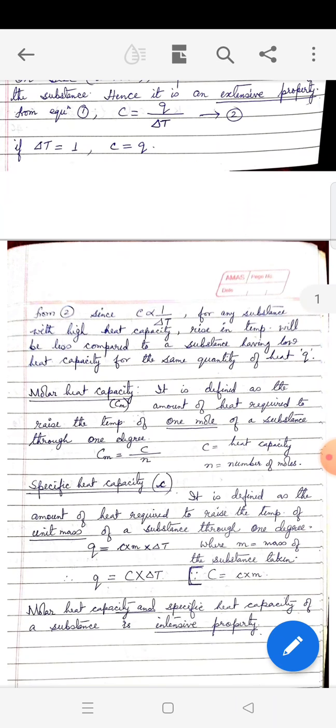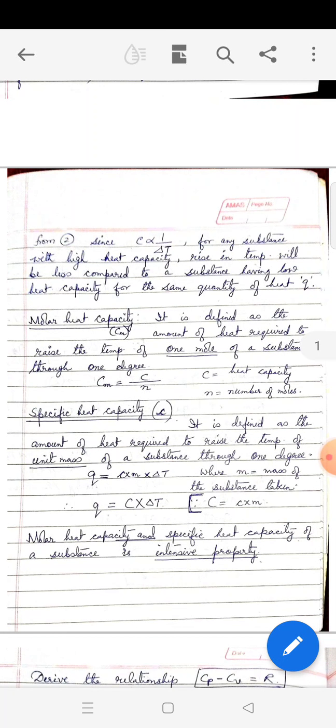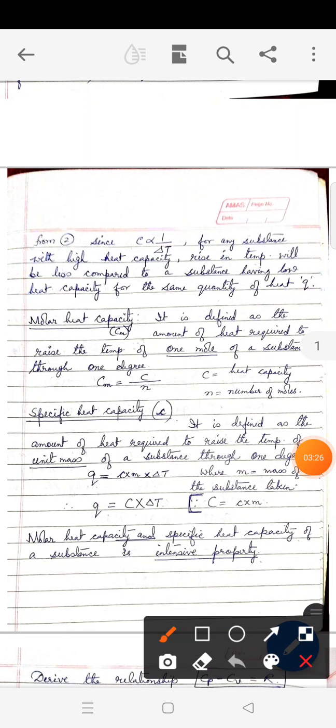Now you can see here that C is inversely proportional to delta T. So for any substance with high heat capacity, the rise in temperature will be less. For your information, water has a very high heat capacity, and that is why it takes a long time to raise the temperature of water.